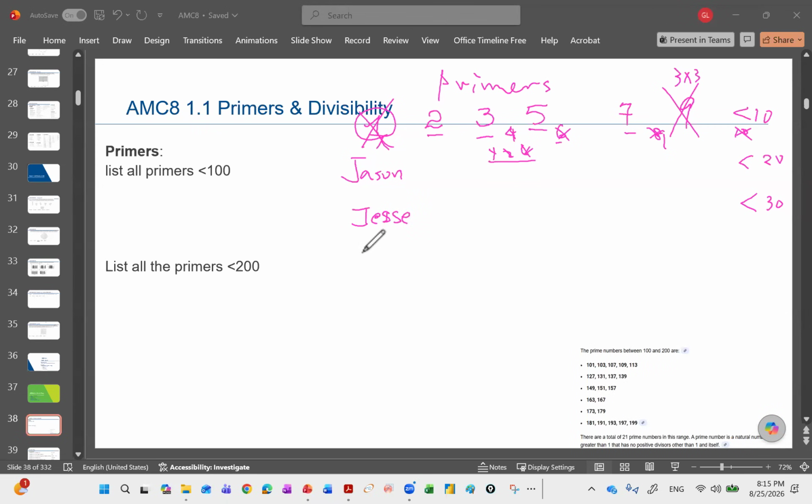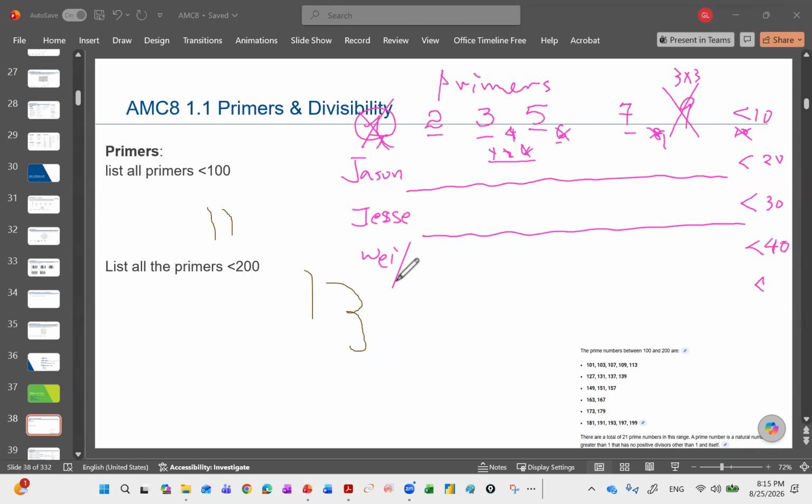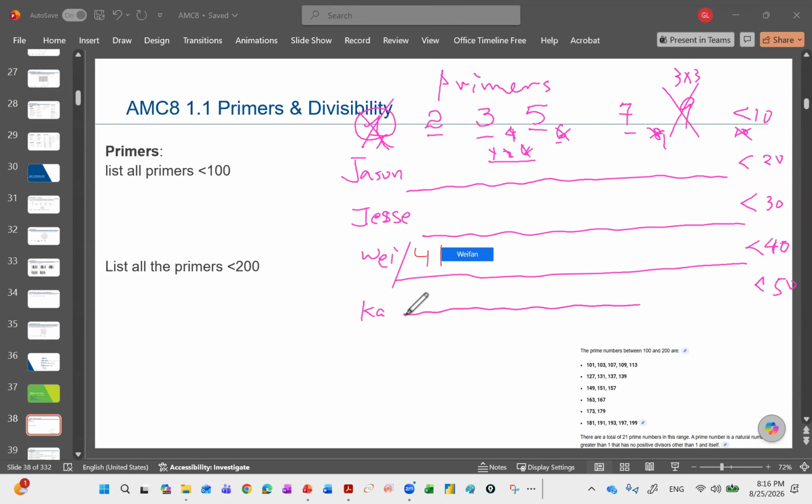Waveform, you list between 30 and 40. Clayton, list in between here. Brian, you do one more, can you? That's between 50 and 60.